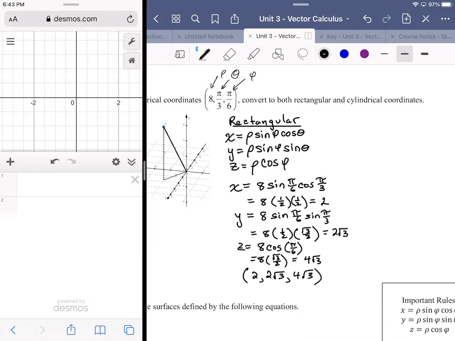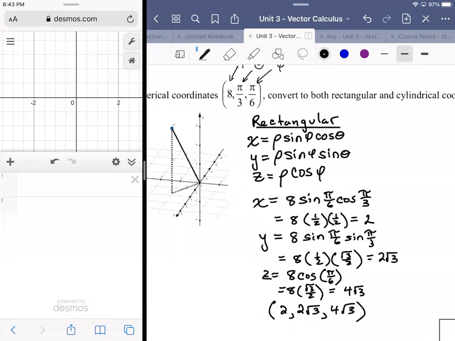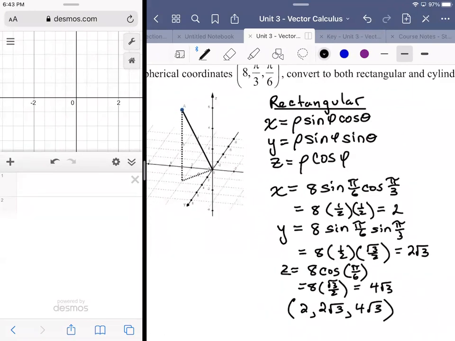Now we could just take a quick look at the graph here, which plots the point in space without any kind of real labeling. But it is the plot of the spherical coordinates 8, pi over 3, pi over 6.